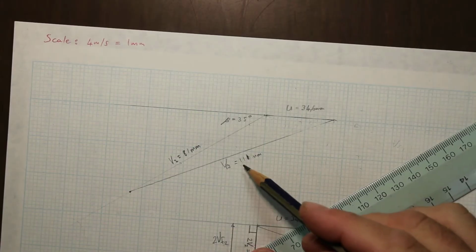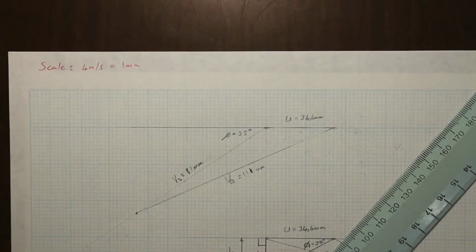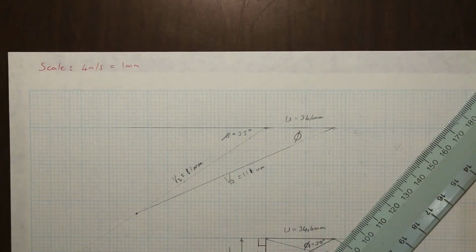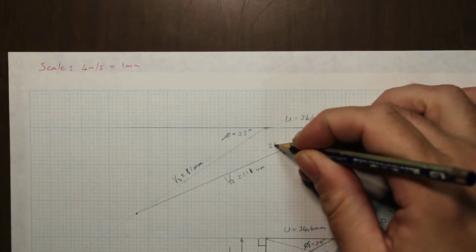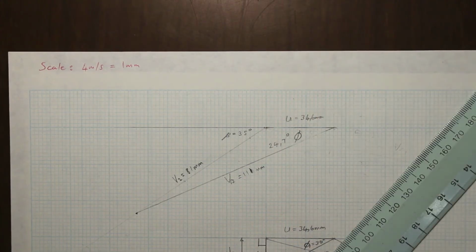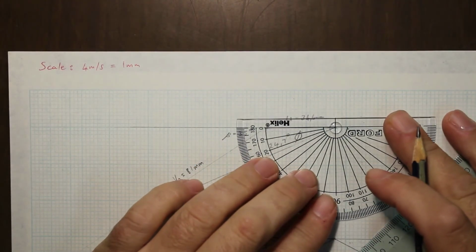I measured that to be 111 millimeters. Then this angle here is phi, and I measured it to be 24.7 degrees. I take my protractor and measure that to be 24.7.